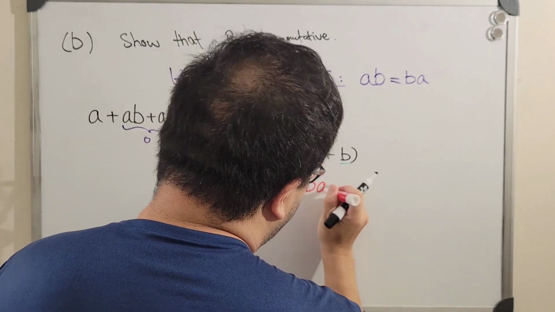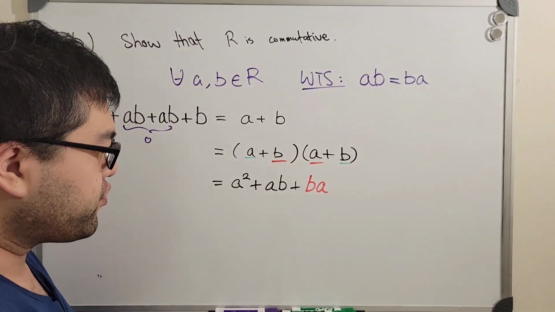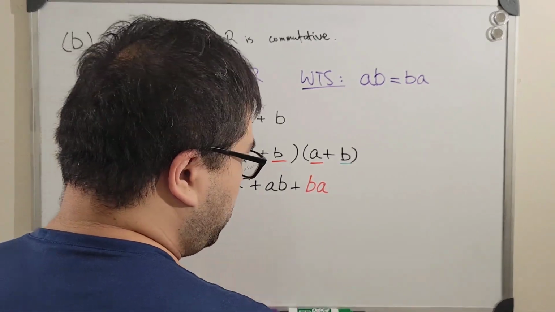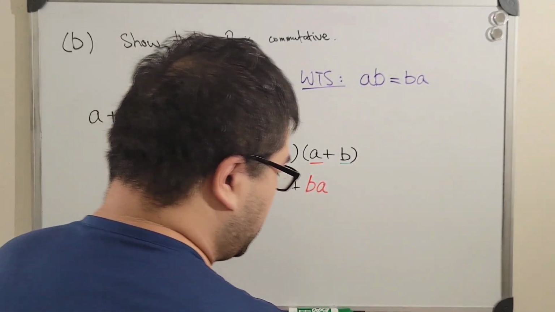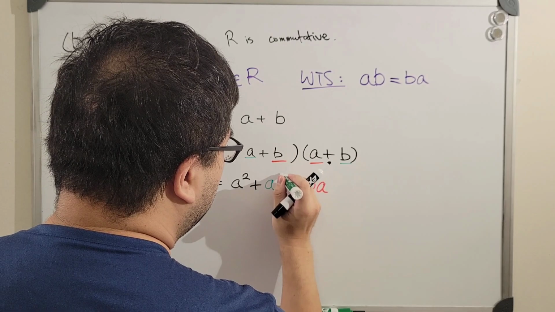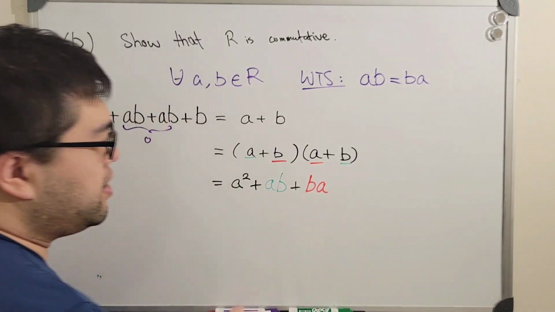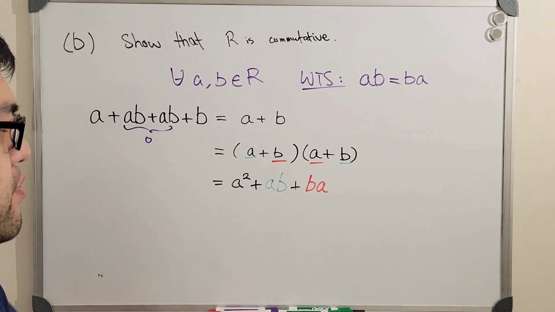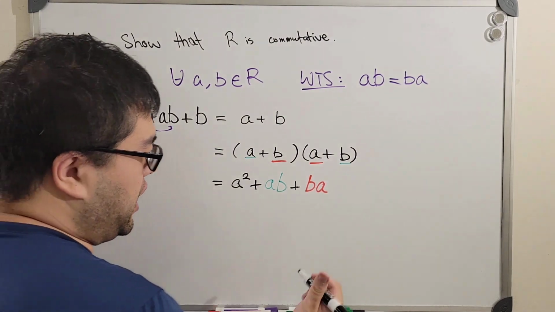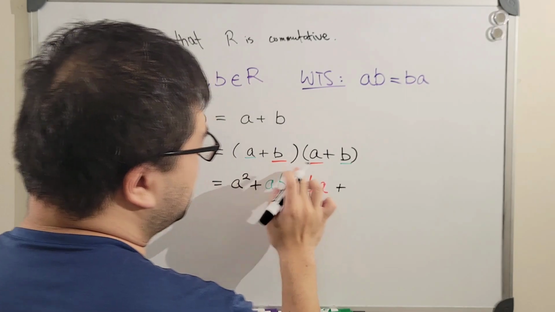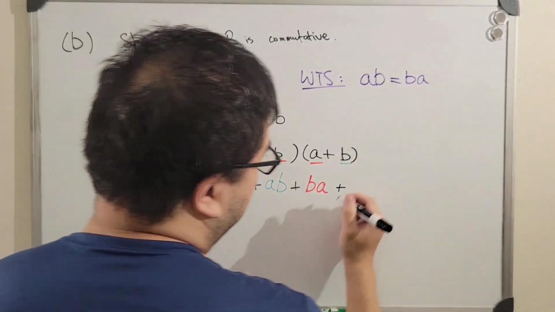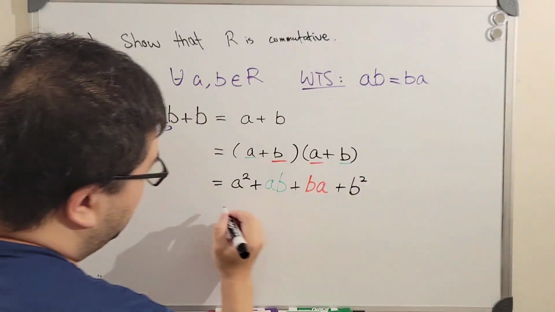And this is actually what we need to prove. Okay? So again, I'm going to color code it. For the green part, we have A times B giving us AB, where the red part is B times A giving us BA. And after that, of course, we have the last term, B times B, or again, B squared.